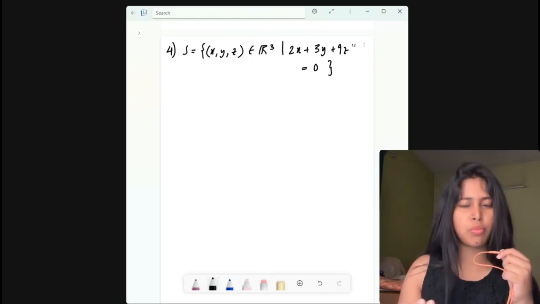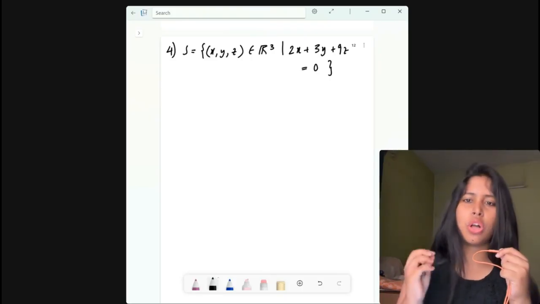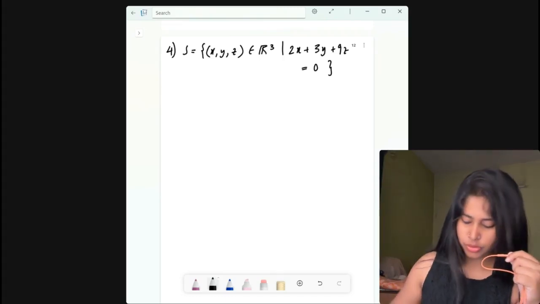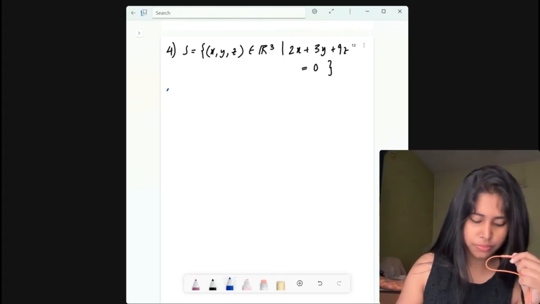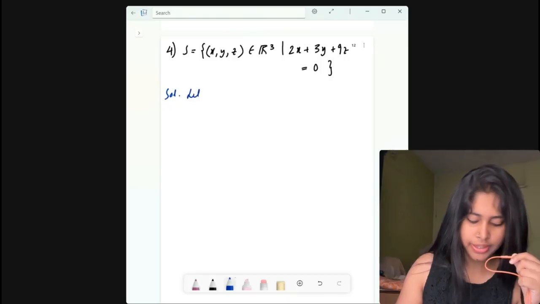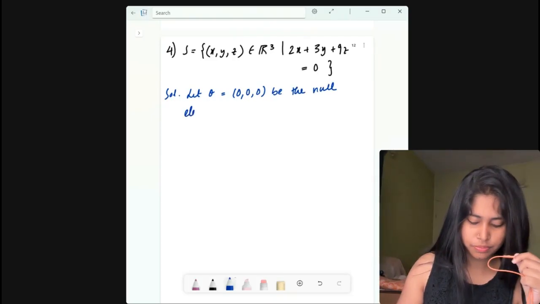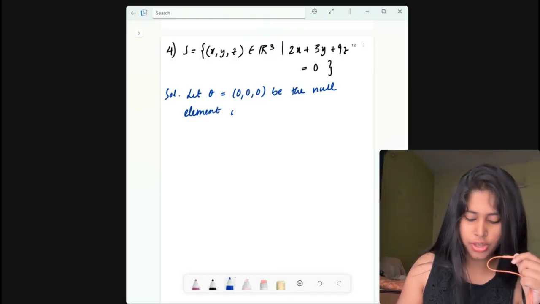Now, what is our step one? Our first rule is to always check the zero vector. So first you need to write the solution like this. Let theta equal (0, 0, 0) be the null element of R3.